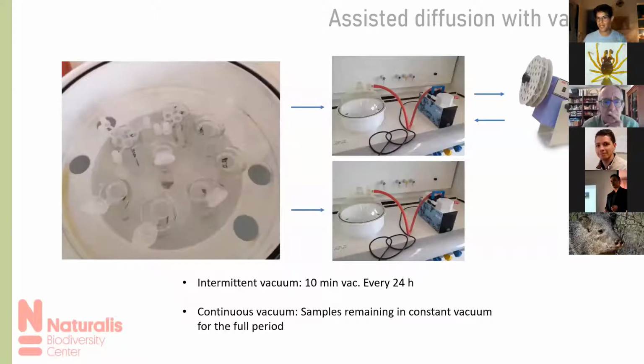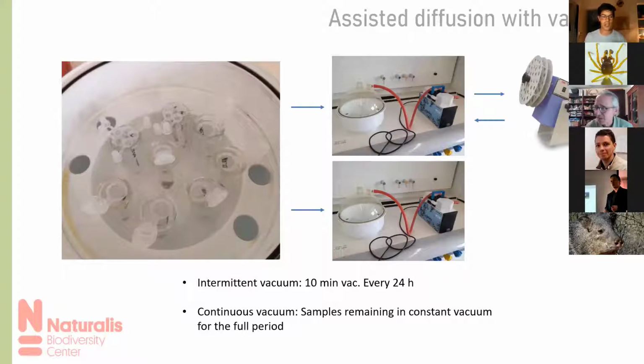But we were still not happy with actually having to wait between 10 and 25 days. So we tested if we could improve the times of the penetration in the tissue by the PTA by applying vacuum to the samples. And we did this in two different ways.